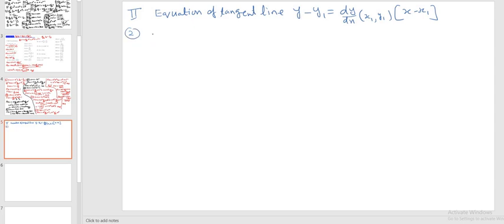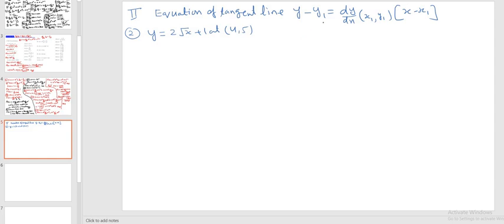Find the equation of the tangent line to y is equal to 2 times square root of x plus 1 at 4 comma 5.